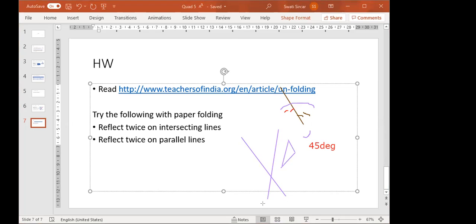So what you do is you fold along this line and you find its mirror. You use the pen to mark these vertices. Basically, you fold it, you put the pen here, you put the pen here, and poke it with the pen so that you get these vertices on this side.